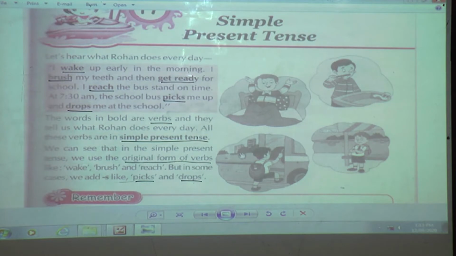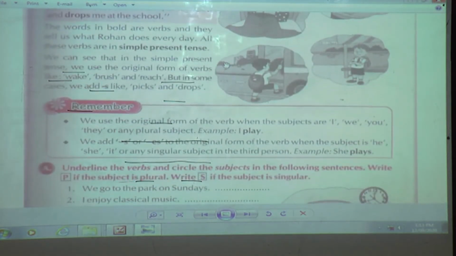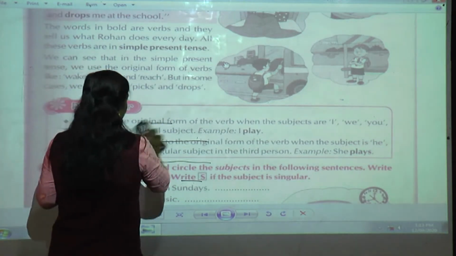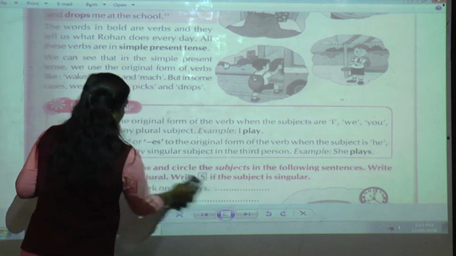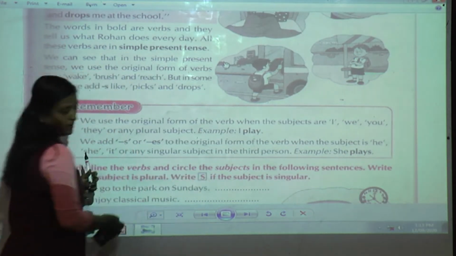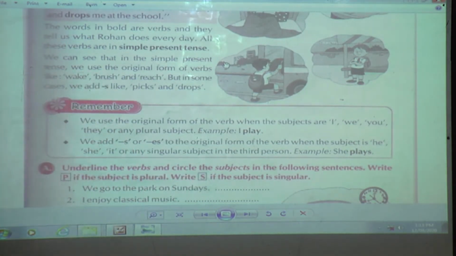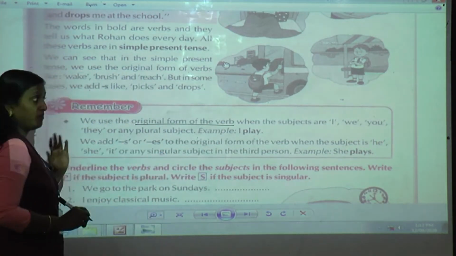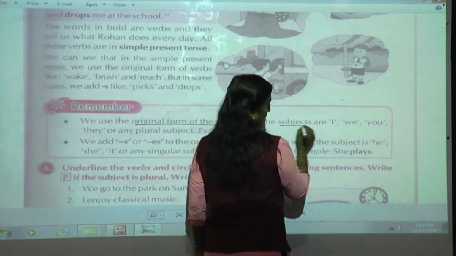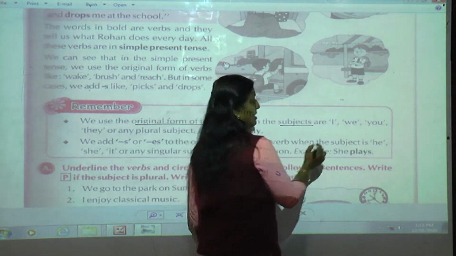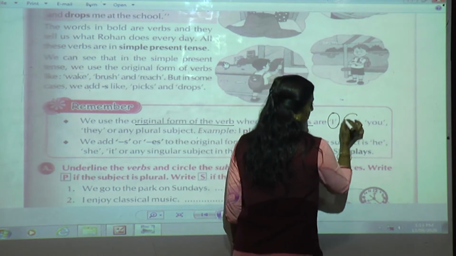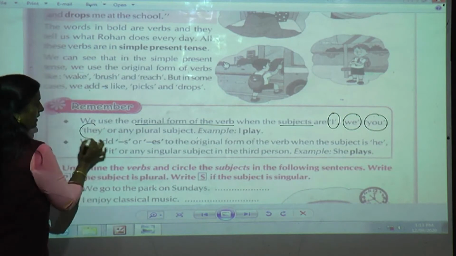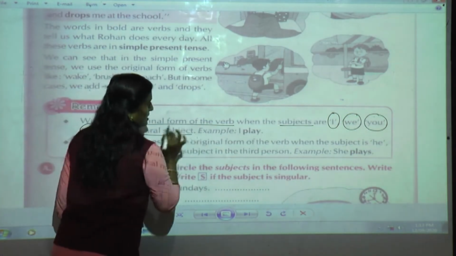Understood, students? Okay. So there are two things we have to keep in our mind. Here can you see in the remember part? So what are the things you have to keep in your mind for this simple present tense? That we always use the original form of the verb when the subjects are I, we, you, they, or any plural subject.